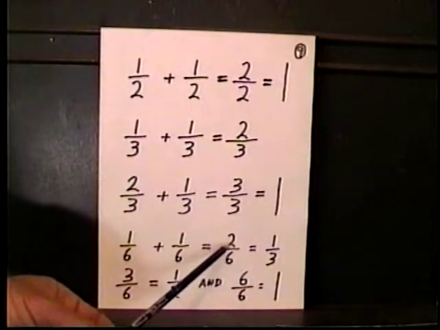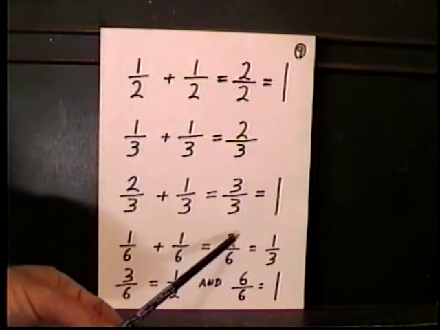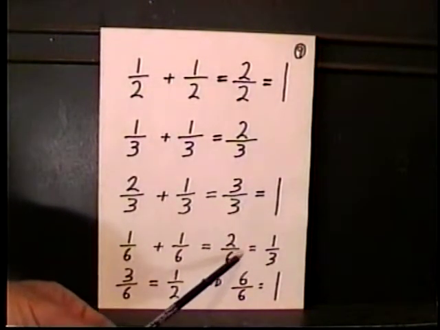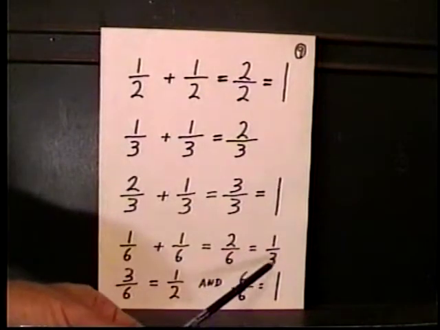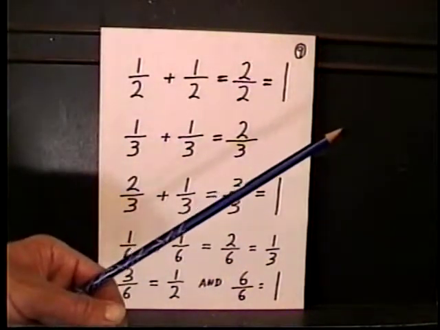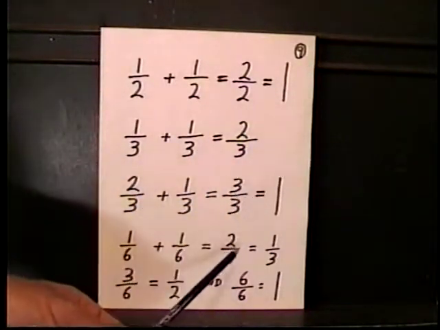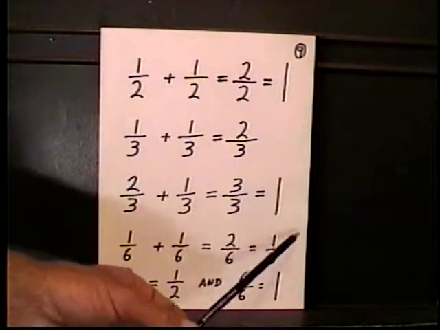So, 2 of those pieces of paper that are marked off in 6, those 2 sections, is the same thing as 1/3. And if you remember, when we put our 1/3 piece over that sheet of paper we had drawn into 6, it covered 2 of those 6. So that's why 2/6 equals 1/3.